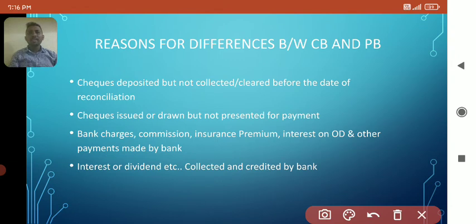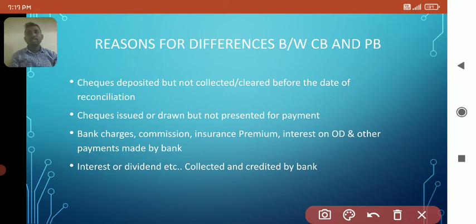The supplier or the creditor to whom we have issued the check has not presented it for payment. Unless the check has been received by the banker, there is no effect in the passbook. So the cash book is showing a lesser amount, and the passbook is showing more.